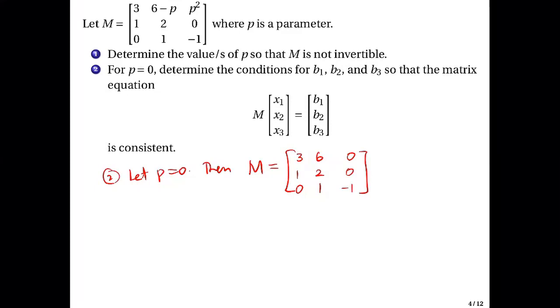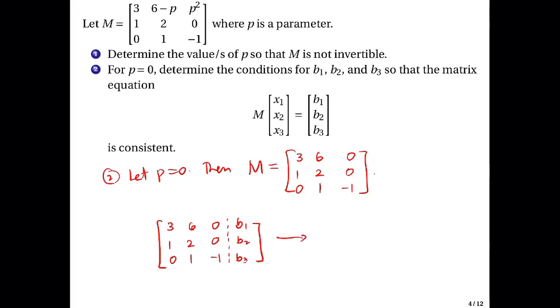So, Mx equals b. Let's just get the augmented matrix. So we will have 3, 6, 0, 1, 2, 0, 0, 1, negative 1. We augment this to b1, b2, b3.